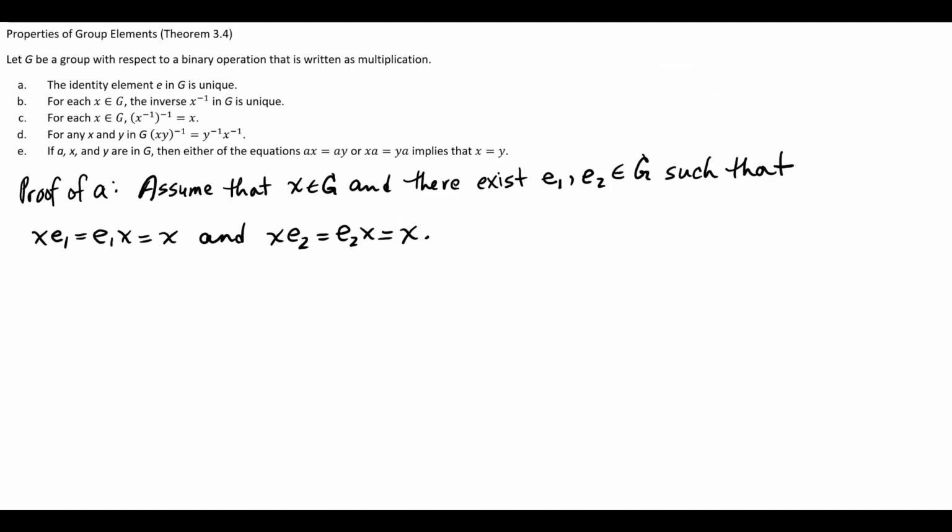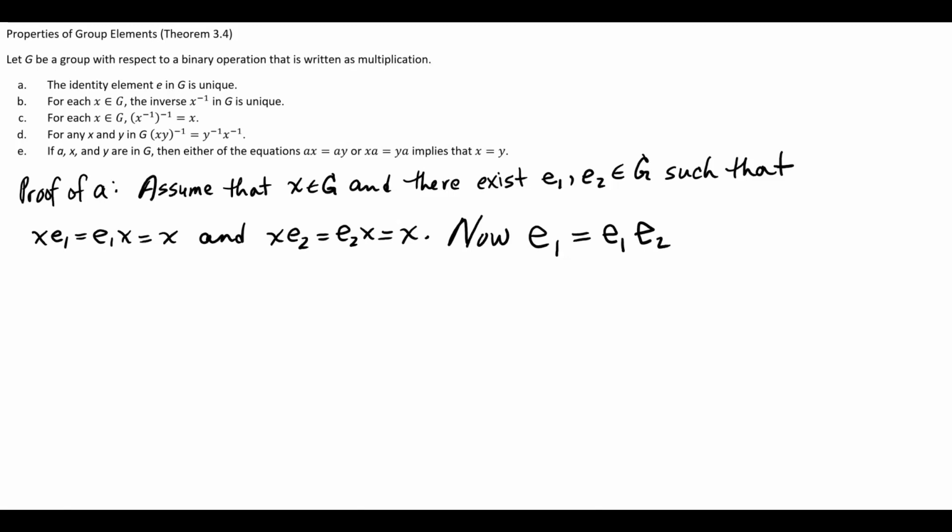Since E1 and E2 are identity elements, or that's our assumption here, when I multiply any element times either E1 or E2, I should get back that original element. Well, that applies to E1 and E2. Let's start by looking at the element E1. Now, E1 is equal to E1 times E2. I know this because E2 times any element is going to give me back that element.